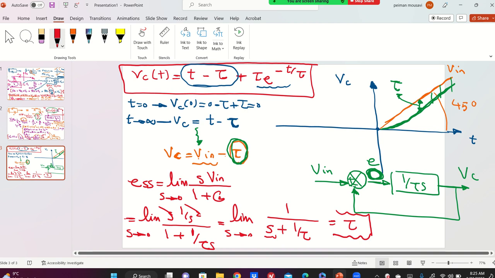Obviously, if you increase tau, the time constant, your error signal is going to increase. If you decrease tau, the error signal is going to decrease. Clear, everybody?